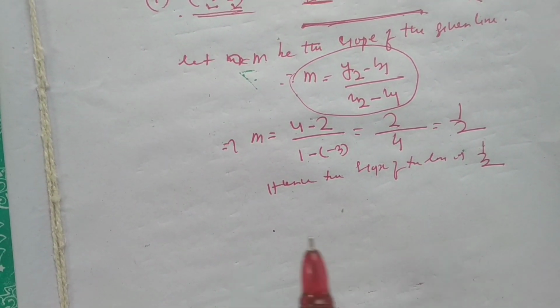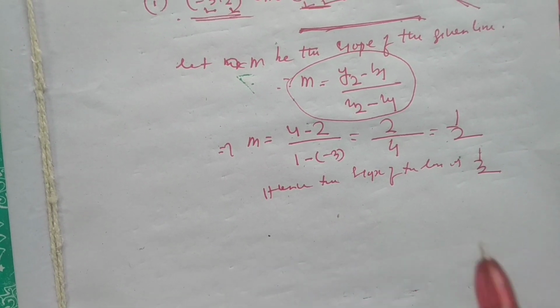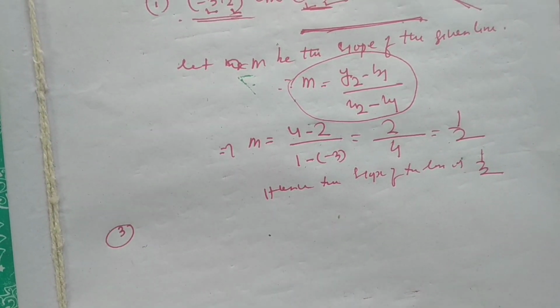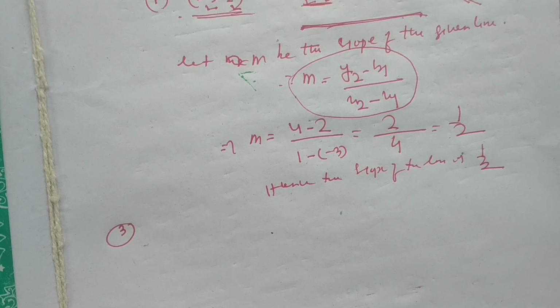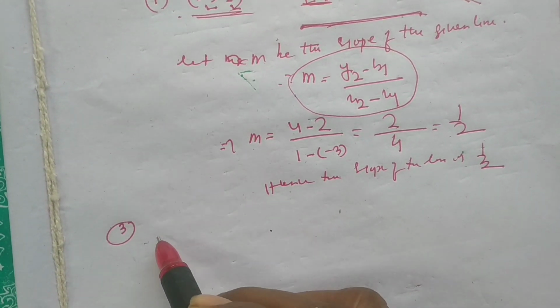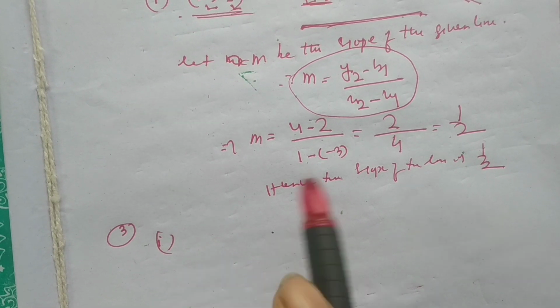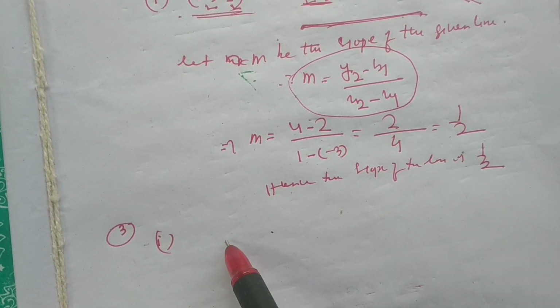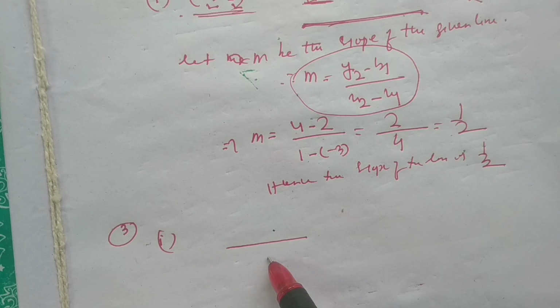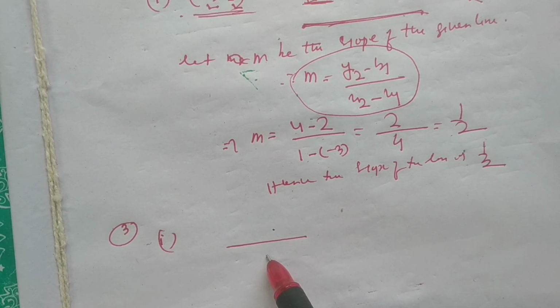Number 3 also, one I am doing for you. The question is: state whether the two lines in each of the following are parallel, perpendicular or neither. That means 2 points are given for one line, and another 2 points for another line, and we check whether they are perpendicular or parallel.